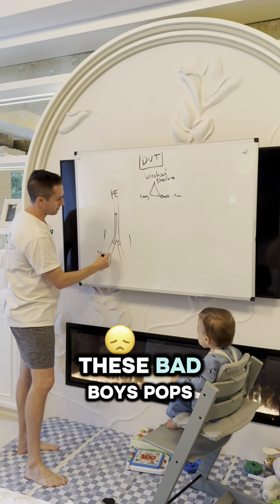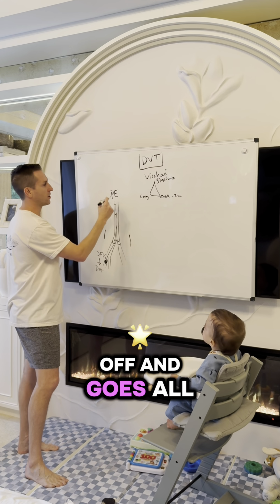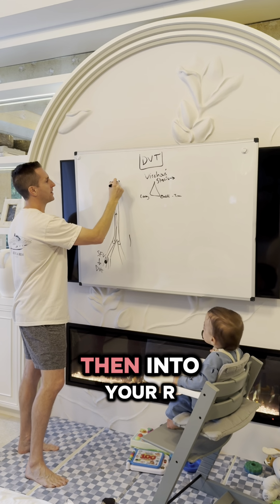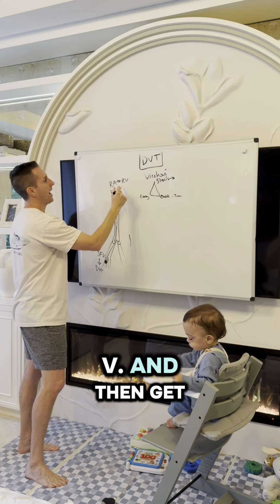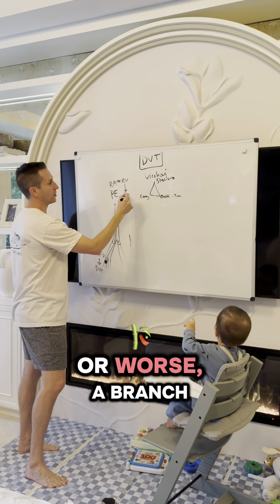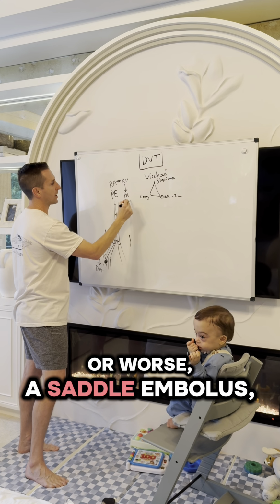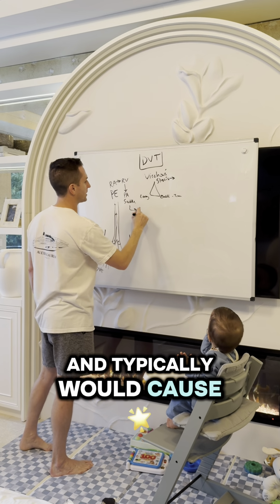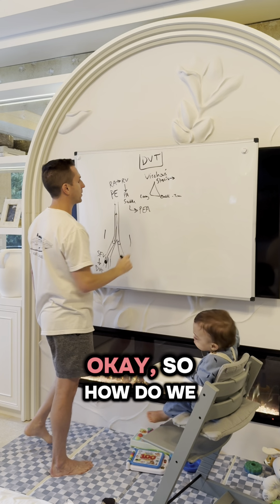So if one of these bad boys pops off and goes all the way up into your RA, then into your RV, and then gets stuck in your pulmonary artery, or worse, a branch of it, or worse, a saddle embolus, this could be lethal and typically would cause a PEA arrest, okay?